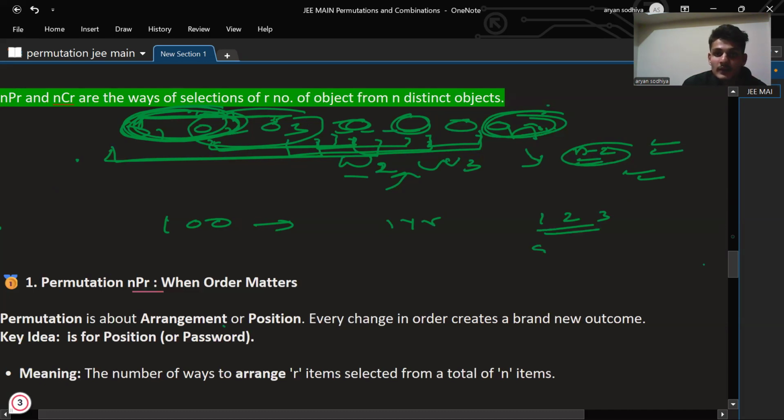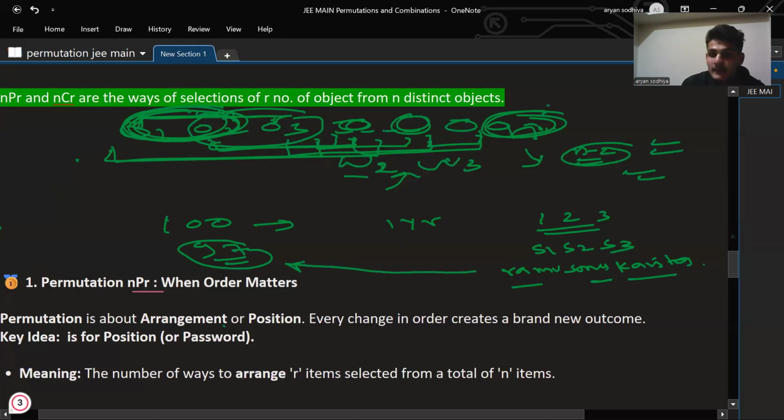Like student one, student two, student three, say Ramu, Sonu, and Kavita. These got the three ranks. In a similar way, 97 students are left out of 100. This can also be a rank. Kavita, Ramu, and Sonu, this also can be a rank.